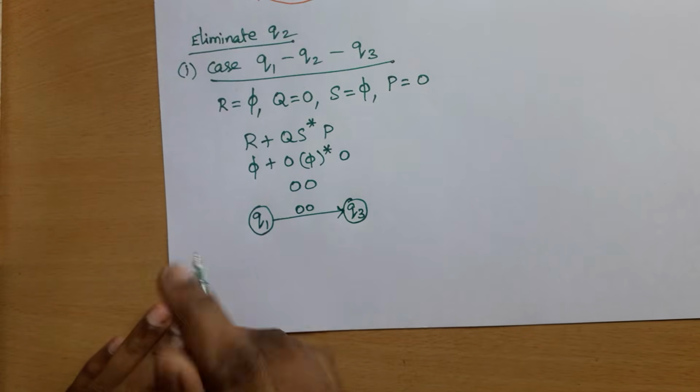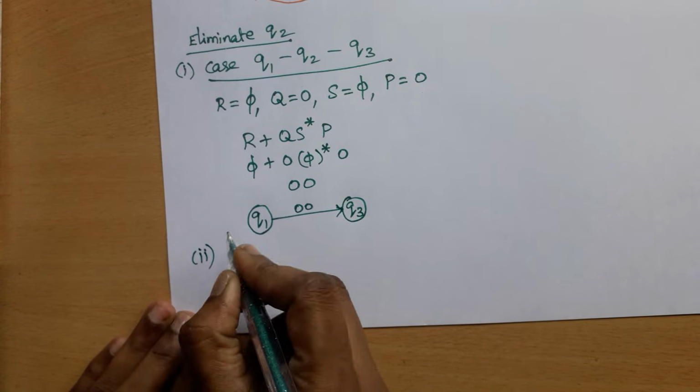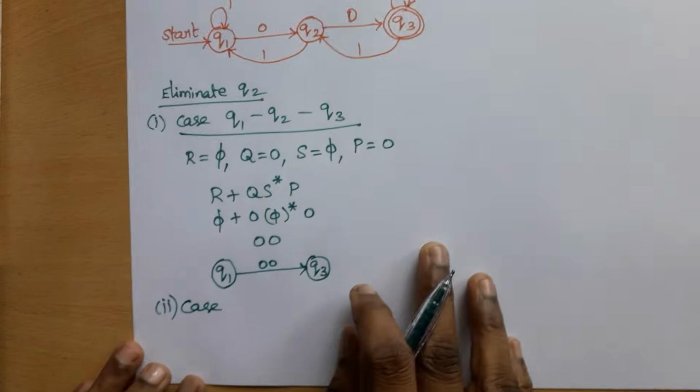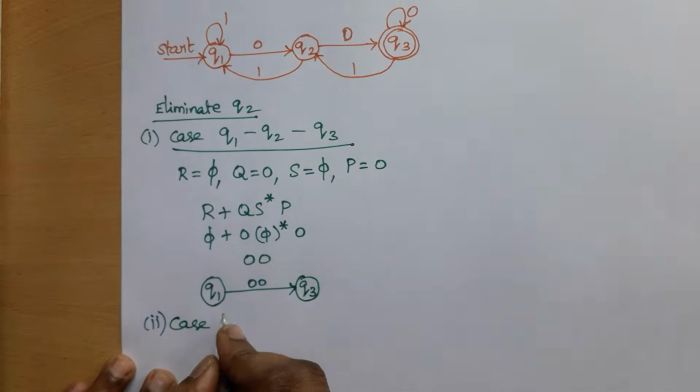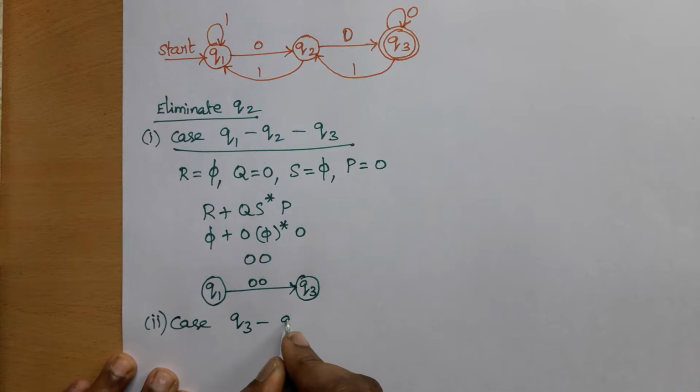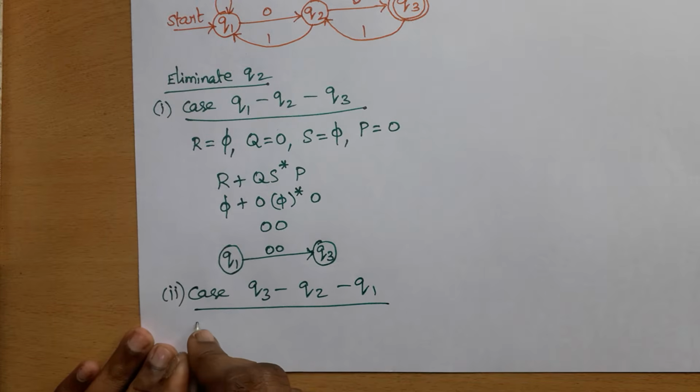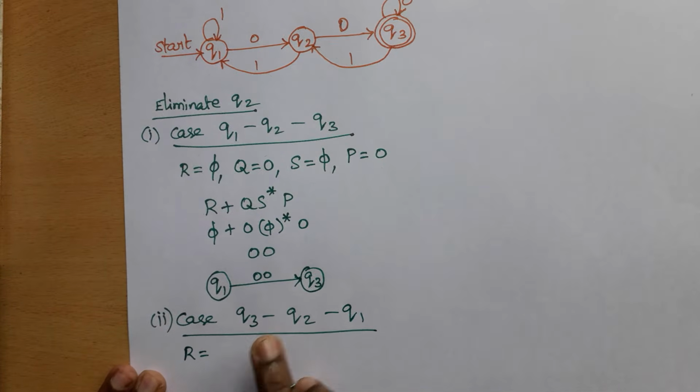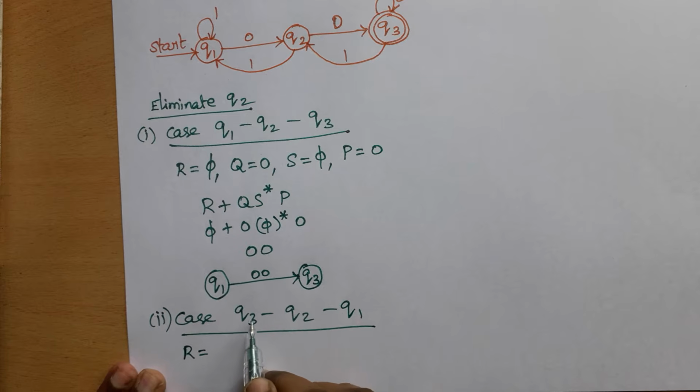Okay, then for the second case, we need to consider the Q3, Q2, Q1 path. So what is R here? Here Q3 is the predecessor state, Q1 is the successor. So R means Q3 to Q1, predecessor to successor.